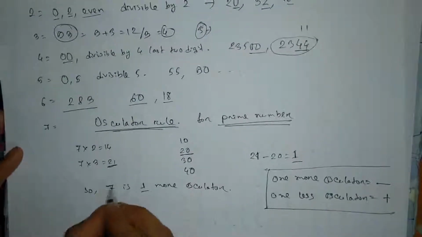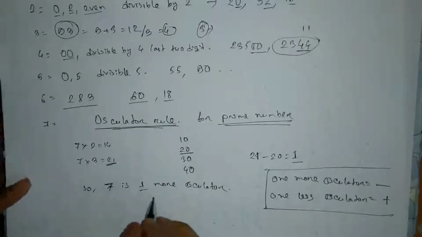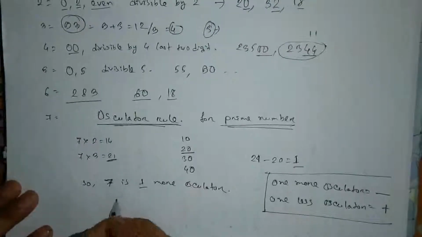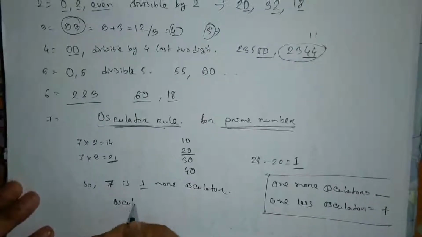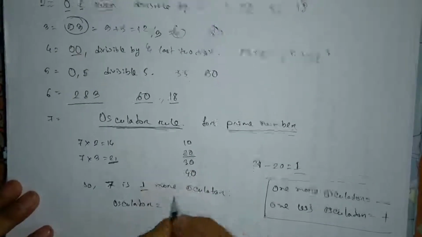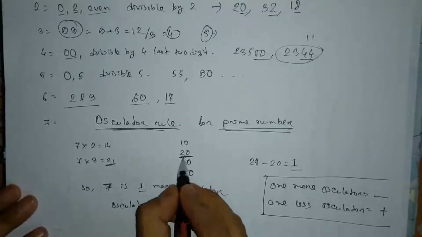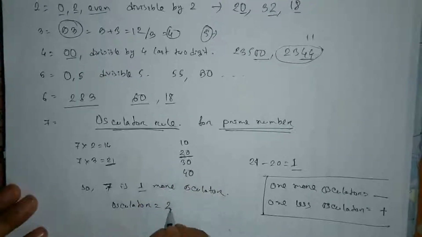So here 7 is a one more osculator, and the osculator value is 2 because we found 20. So we have to take the first digit of the number, 2.